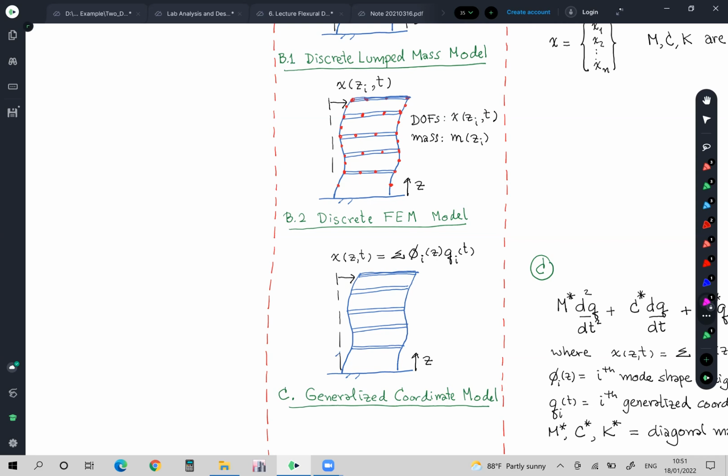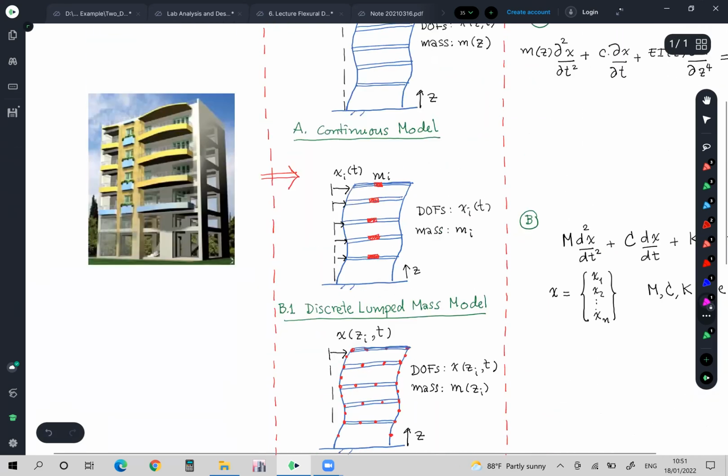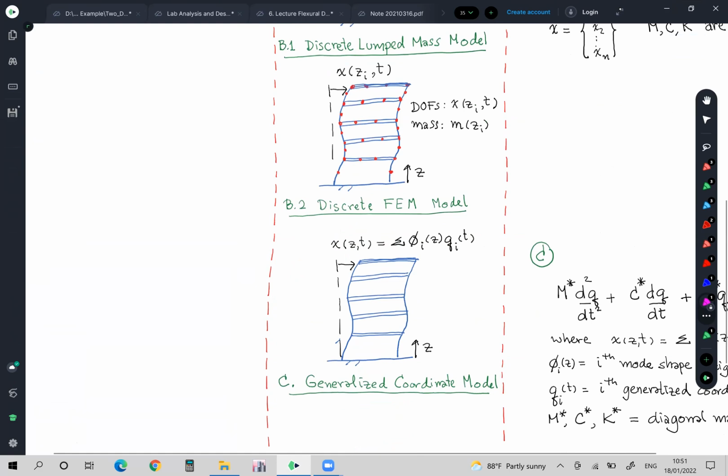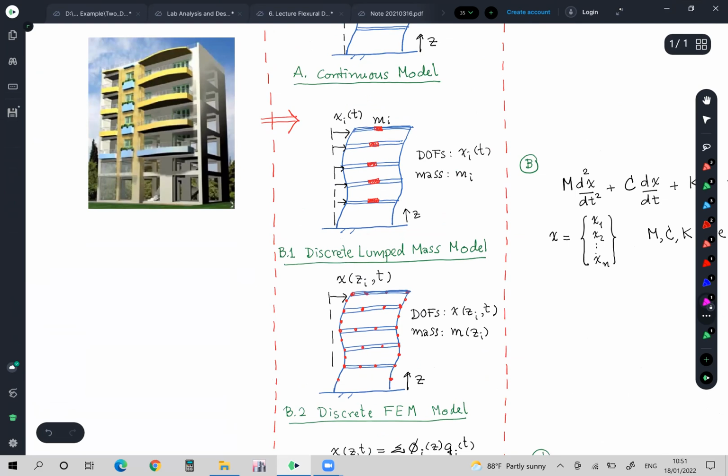Okay, I think Dr. Chatpan will talk with you about the continuous model, number A, and maybe number C. Yeah, not maybe, I believe he will, A and C. And B2 and B1, where the number of X is not only 1 but 2, 3, or 4 when you have a multi-degree-of-freedom system.